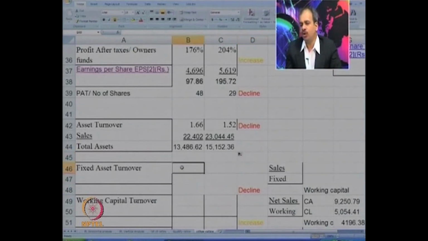If you want to know in more detail the use of fixed assets, we try to calculate the fixed asset turnover ratio. Now, what is the formula for the same? Try to guess. So, it is a linkage of sales versus fixed assets. So, sales upon fixed assets. So, sales is this figure. For fixed assets, again we may have to go to the balance sheet.